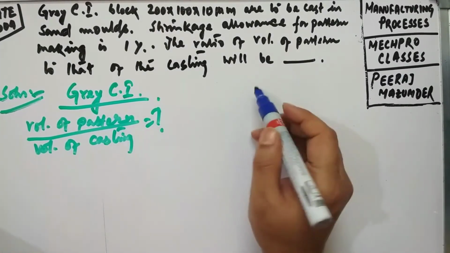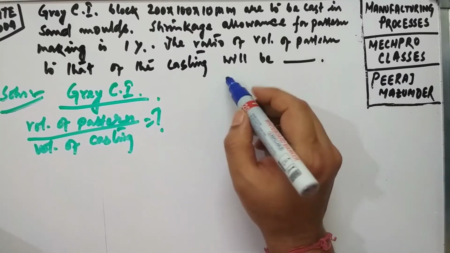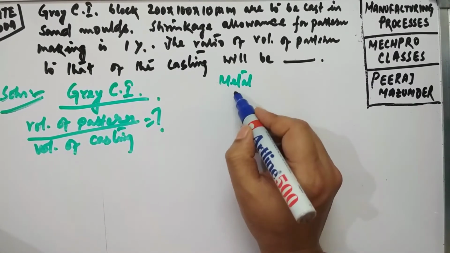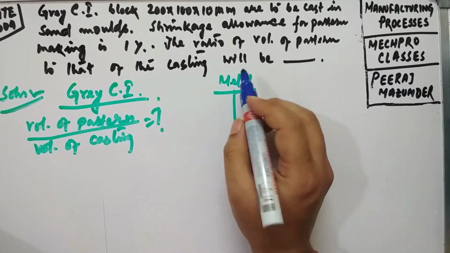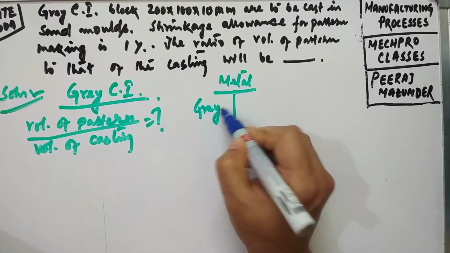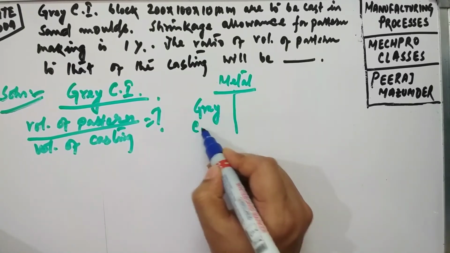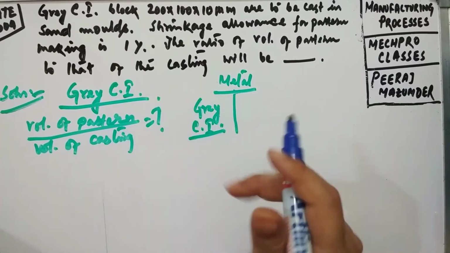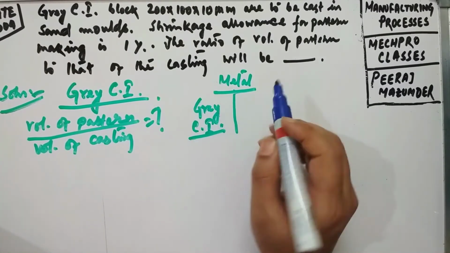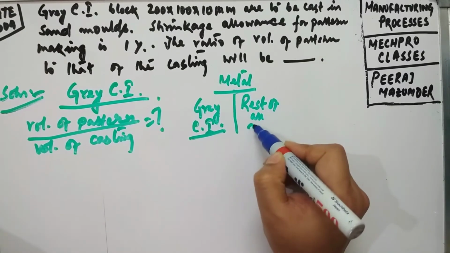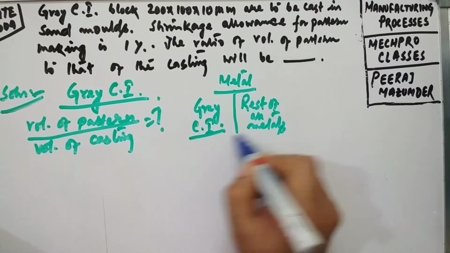Now look, there is a very important concept, you must take a note somewhere. For now, two types of metal are very important in the concept of allowance. One is gray cast iron and another is the rest of all metals.